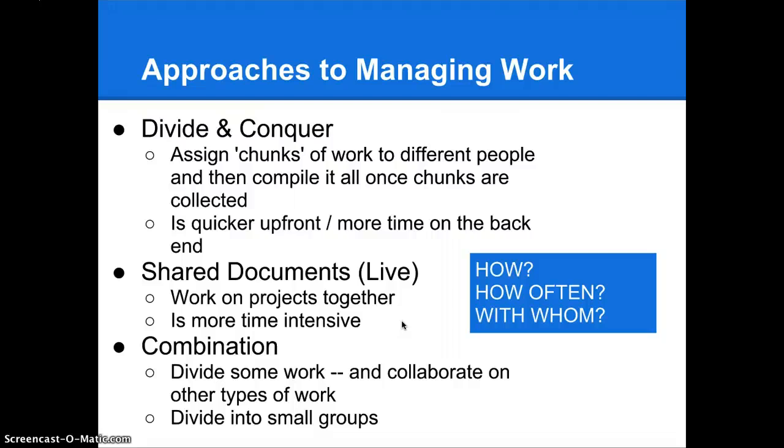And I think there's also a combination of these two approaches. So maybe dividing some work to where individuals will work on it, and also doing the more live collaboration approach for one or two particular aspects of a job. And then, of course, if you're working with a small group of, let's say, 6 people, you can always divide the group among the 6.